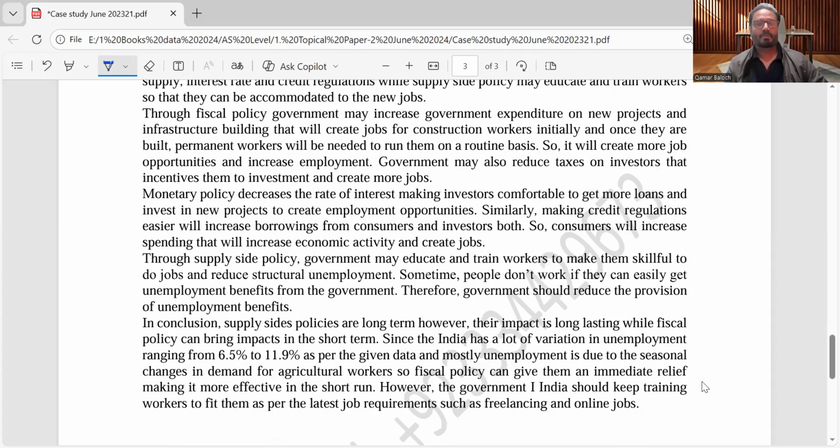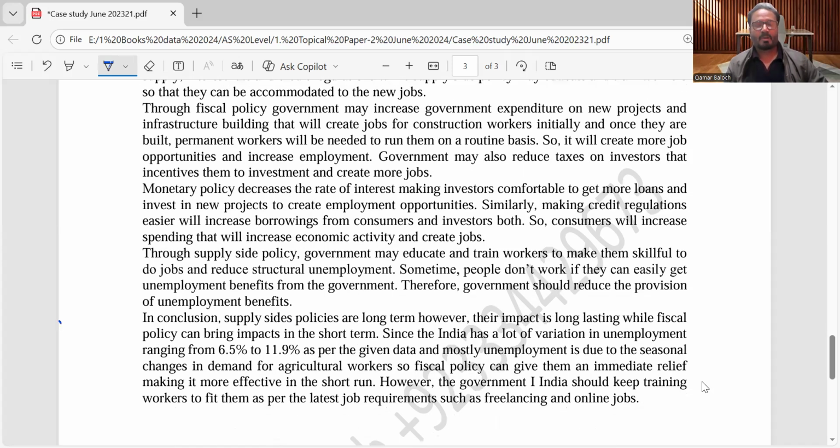Again, stop the video. And I believe you got the idea how to answer a case study for 100% marks. And believe me, it is really simple to answer a case study, but in most cases, people don't get good marks. On average, people get 4 or 5 marks out of 20 because they don't actually understand the requirement of the question and they can't connect it to the case study.